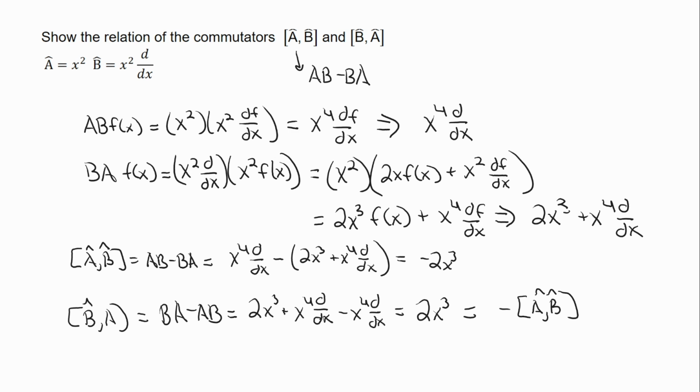That's an important result to understand as well with the commutators. The commutator of two operators is just equal to the negative of the reverse of that commutator. So just keep that in mind.